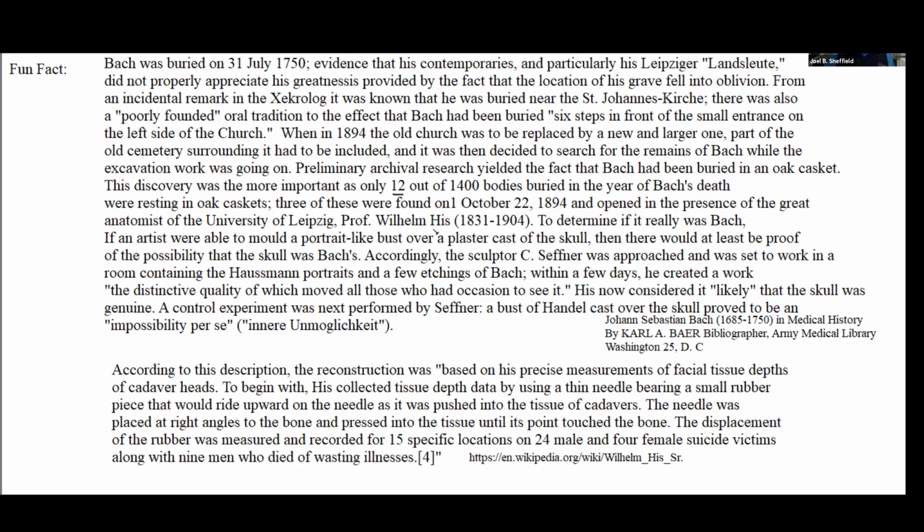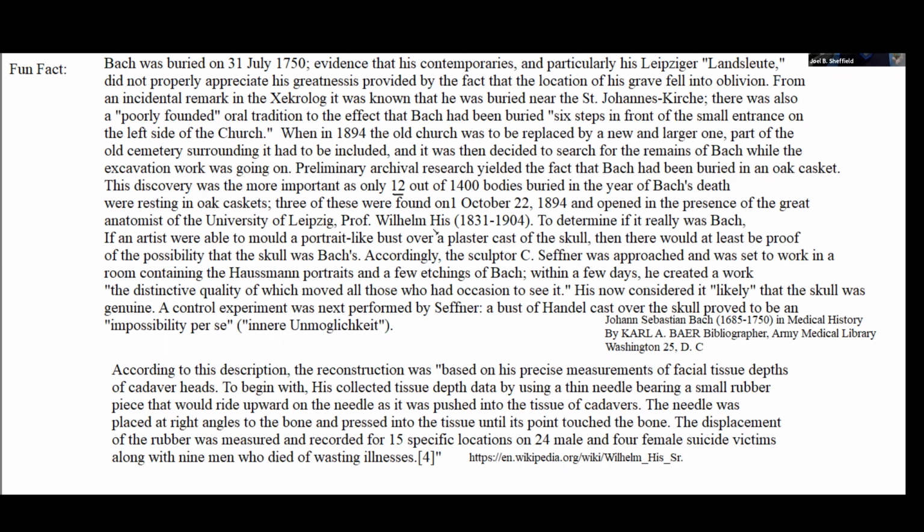Now, His went on to describe an elderly gentleman, a skeleton of a certain size, certainly consistent with Bach's age at his death. But he then wanted to figure out, is it really Bach? And he wasn't sure. So he had this idea.